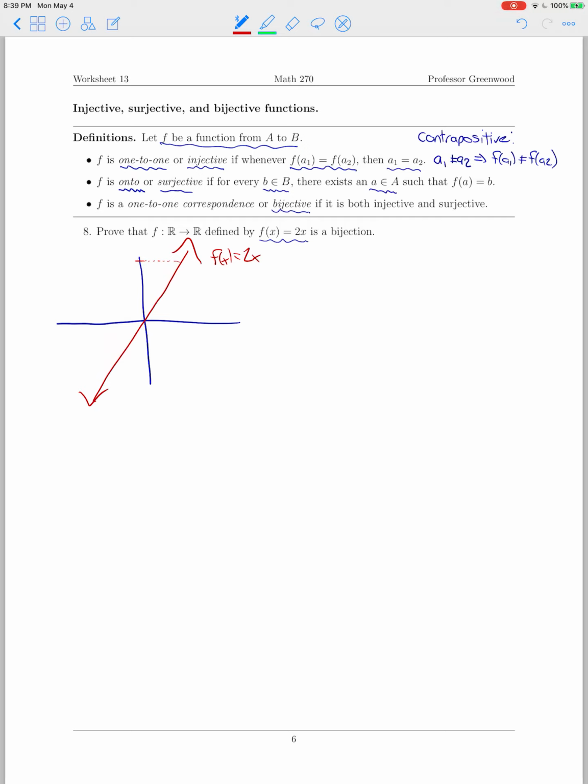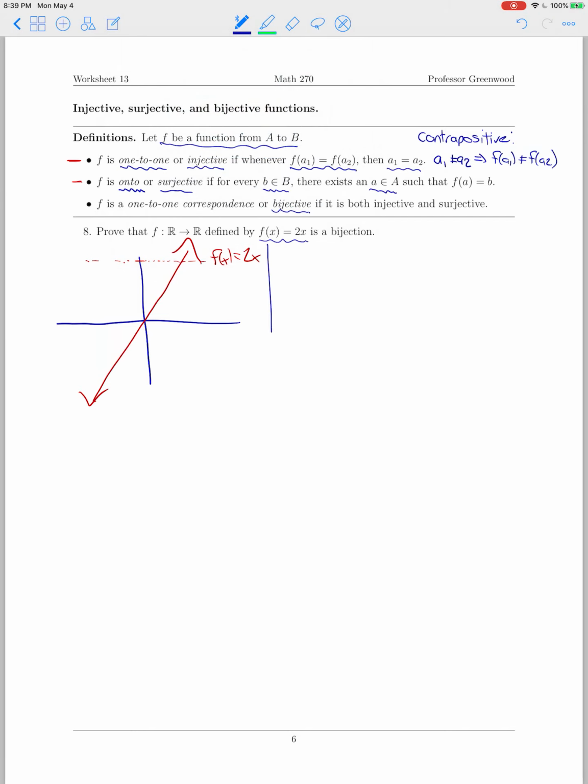That would just mean that every time I draw a horizontal line here, it only intersects the function at most once. So we really could view this as: injective says each horizontal line hits it at most once, and surjective says that it hits it at least once. And then bijective would mean that it hits everything exactly once. Often we won't be viewing functions as from the reals to the reals, and so we won't have the same graphical interpretation, but it still might be helpful to think about things this way some of the time.